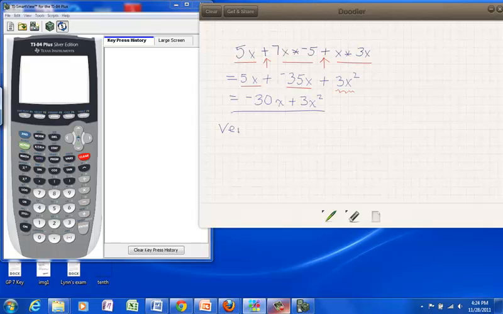Now I need to verify that answer. I'm going to let x equal 4.